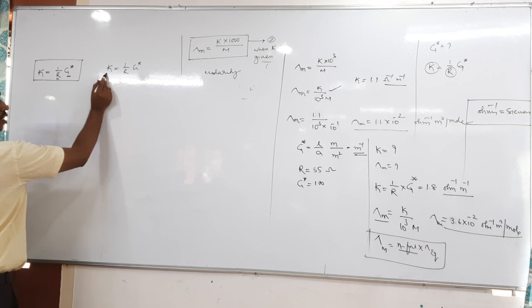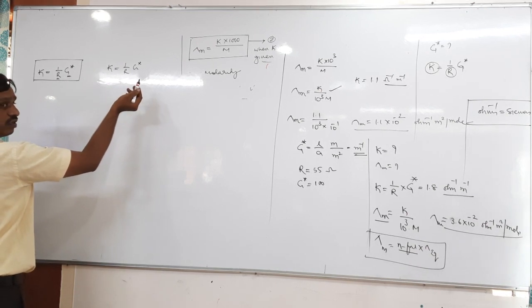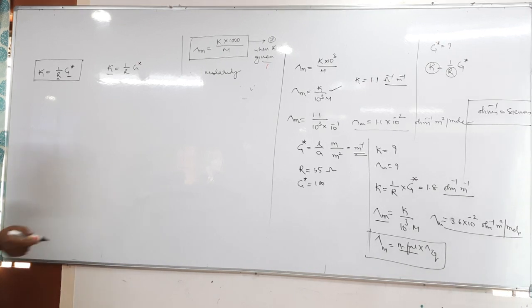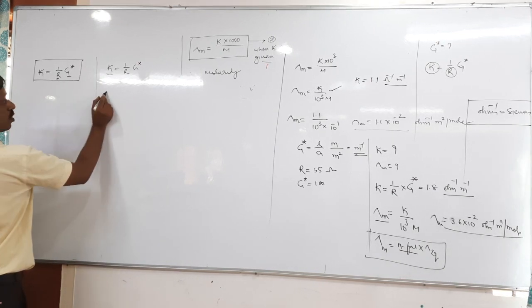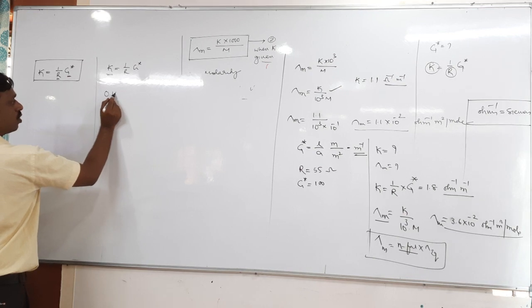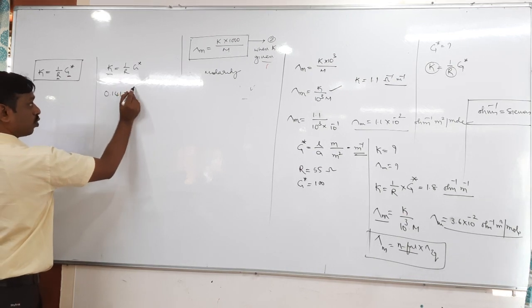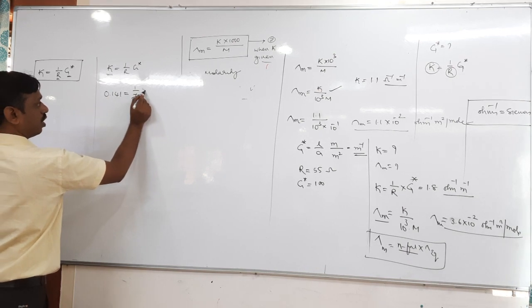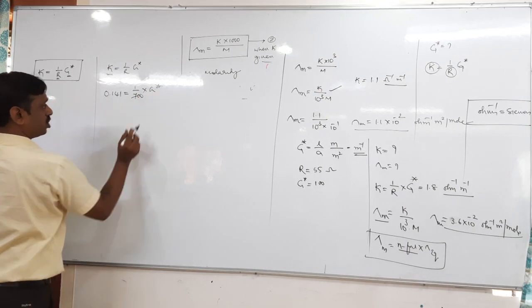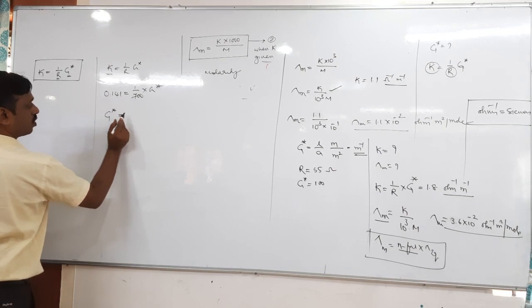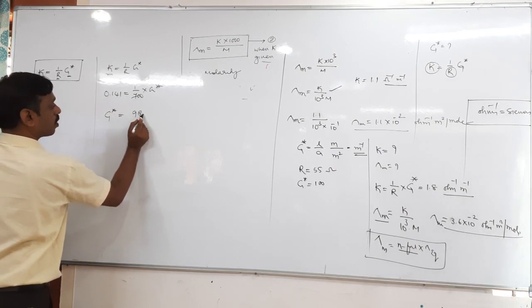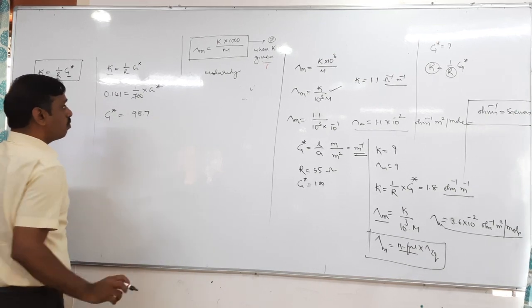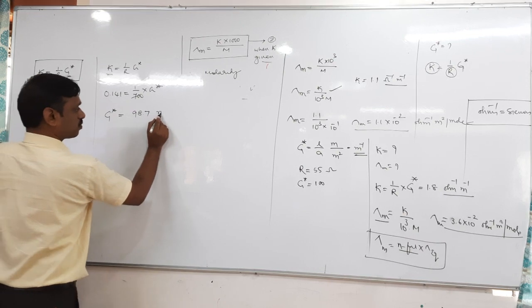Then I calculate the second part. What is the K value given in the first part? K is 0.141, and R is given, and G star is 98.7. That is SI.